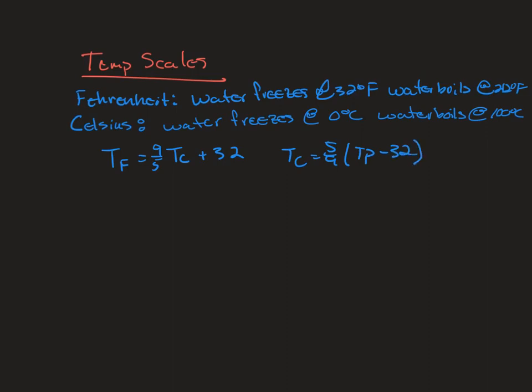Alright, so after the Celsius scale came the Kelvin scale, and this one is grounded a little bit more in physics, where they wanted to find the absolute lowest temperature you could ever have and base a scale upon that. And that would be whenever you have zero pressure. Because if you have no pressure, then you should have no temperature, because pressure and temperature are proportional to each other.